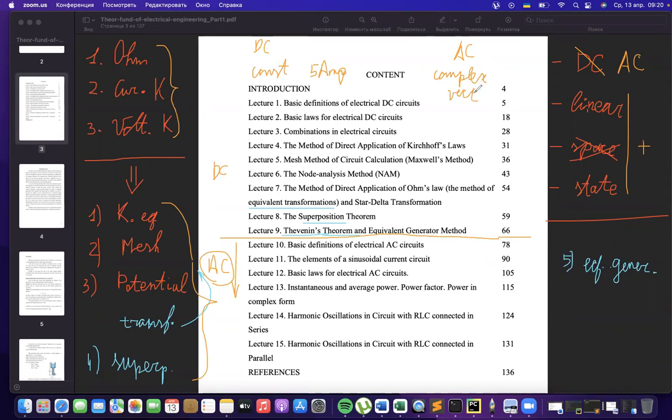But we will say that our current is, for example, 5 plus j5 amperes. We'll use complex numbers instead of constants. It will be the only difference between the alternating current and direct current case.